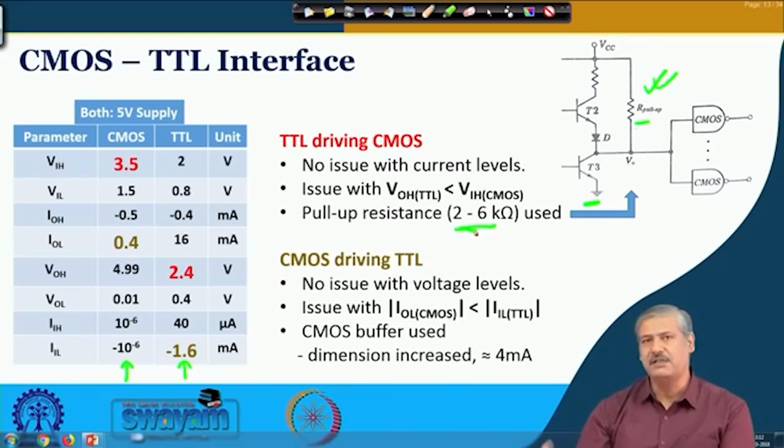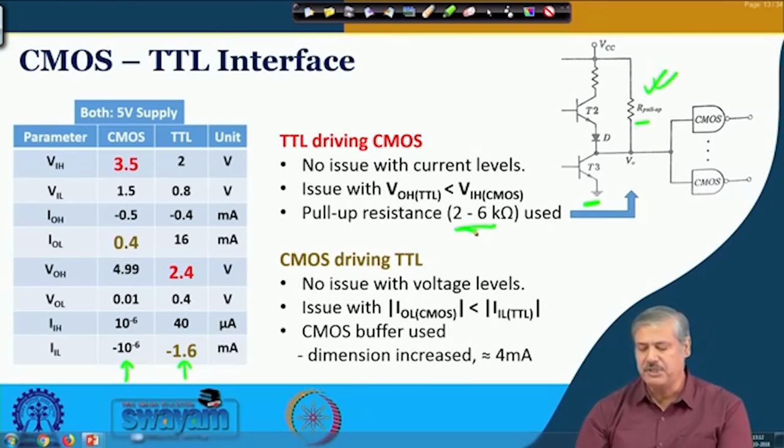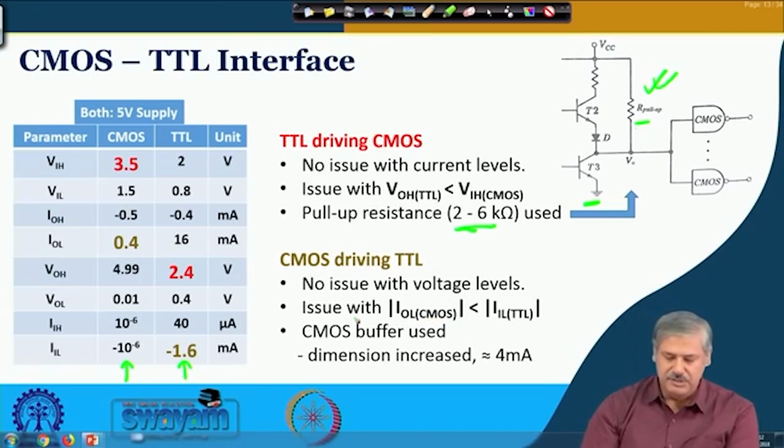CMOS is this side, TTL is the load side. Again, if you compare the voltage levels, you will find that there is no issue with the voltage levels. The issue is the current it can sink. The current it can sink in the case of IOL for CMOS is 0.4 milliampere.